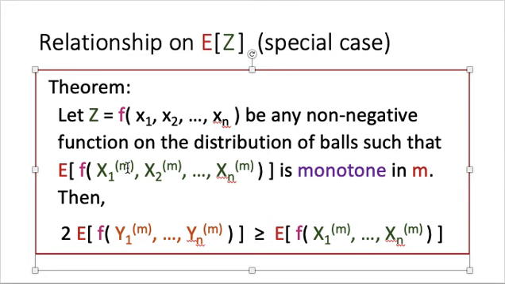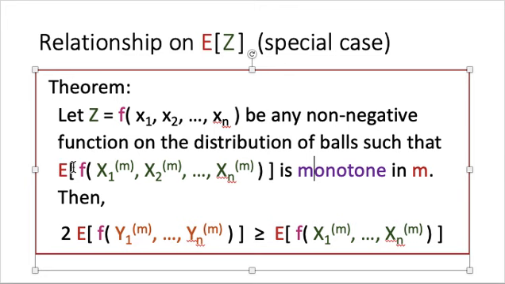Examples like maximum load. The expected value of the maximum load is monotone in m, because as m increases, we expect the number of balls in the fullest bin to also increase. So the expected value increases, and this is monotone. Another example is the number of empty bins.